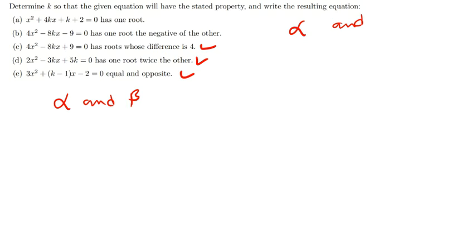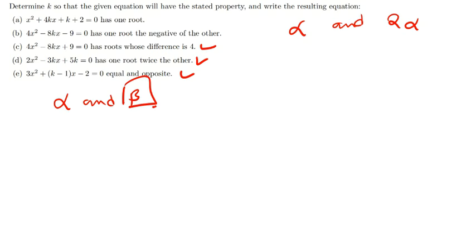The question is, it has got one root twice the other. So I have got alpha, so twice the other means 2 alpha. Okay, so now this 2 alpha is representing beta. That's all, nothing complicated there.